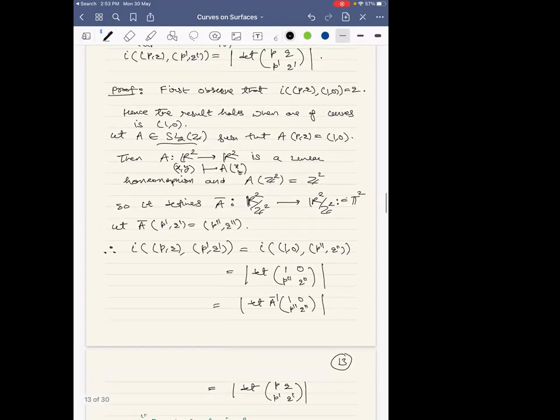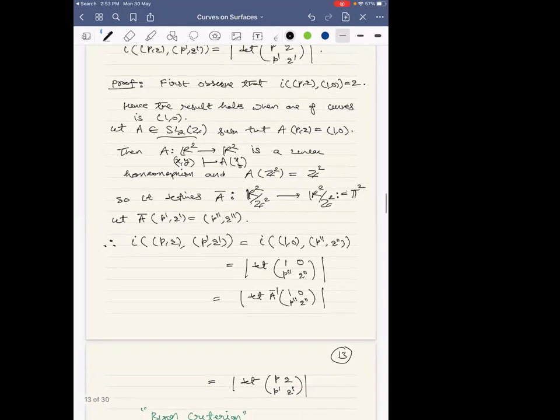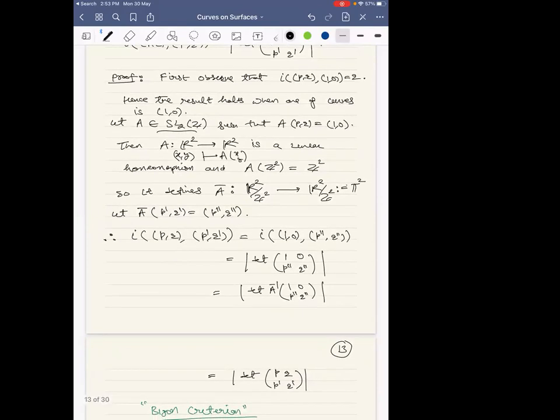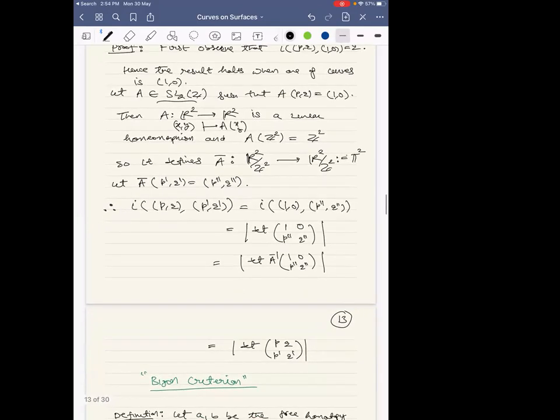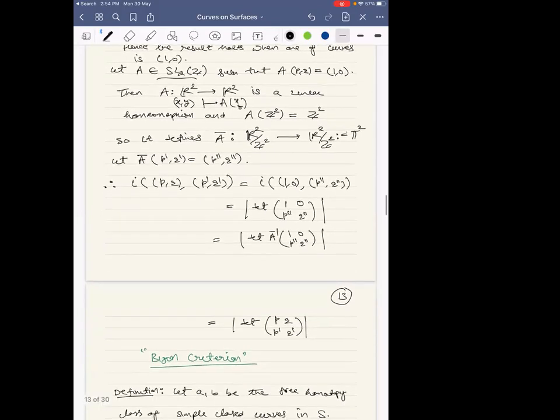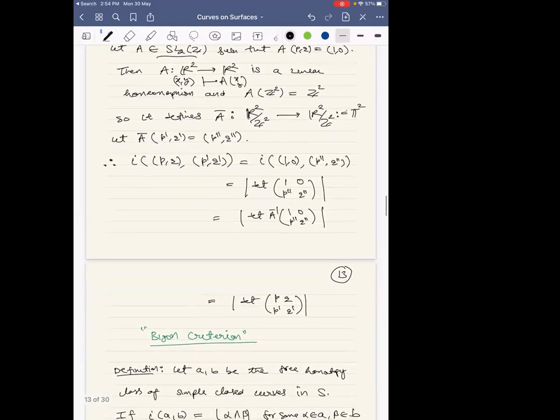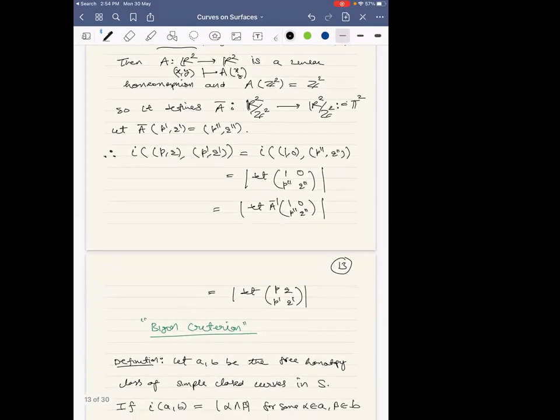Okay. So then you know A is in SL2Z. So you can write this matrix with (1, 0) and P''Q'' as A applied to the matrix with PQ and P'Q'. Because the determinant of A is one, you can simply write the determinant of PQ, P'Q'. So this is the line of argument that is used.